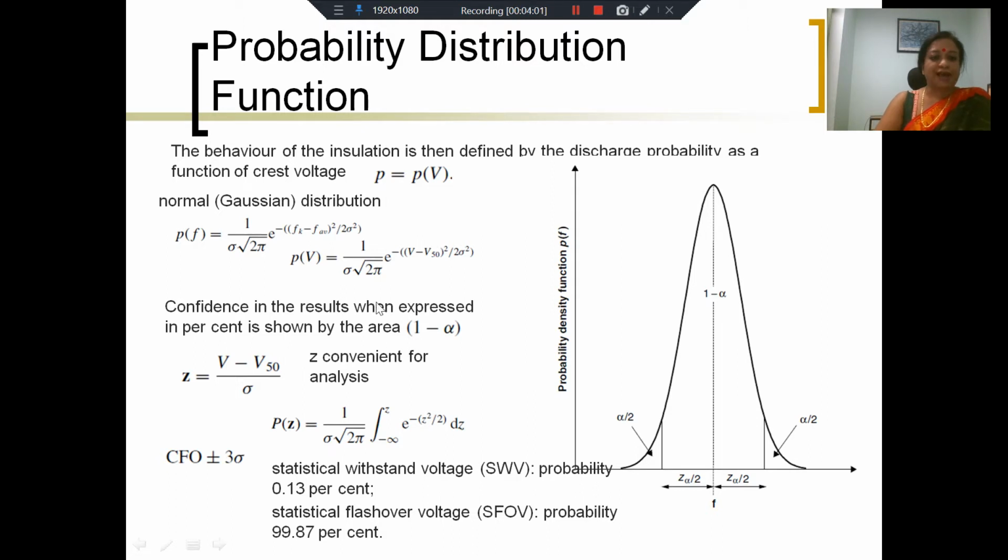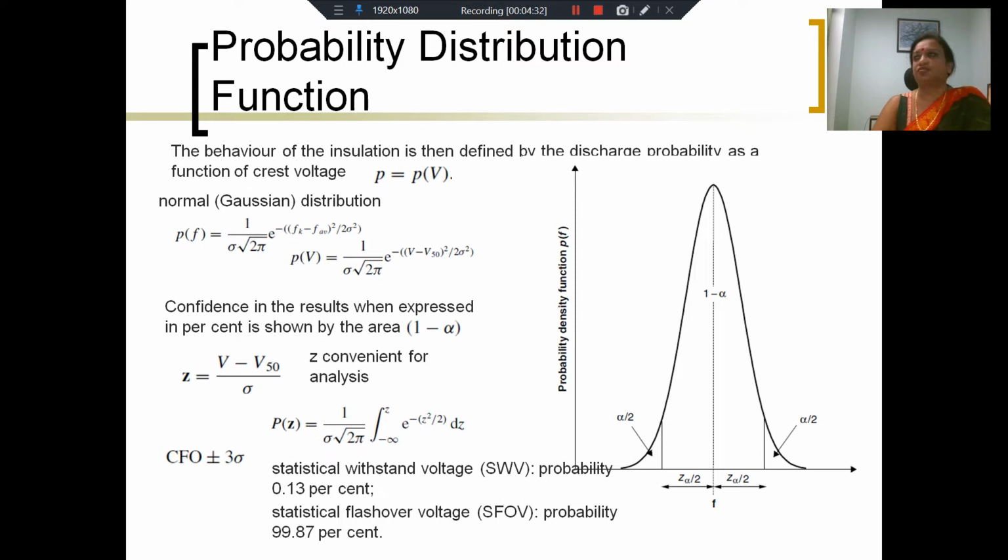Now, let's say this is the peak of the probability distribution curve. Let us imagine this value is, let's say, f equal to 30 kV per centimeter. So when I say that 30 kV per centimeter is the breakdown strength of air, I am not really able to say that if I apply 30 kV per centimeter, it will break down.